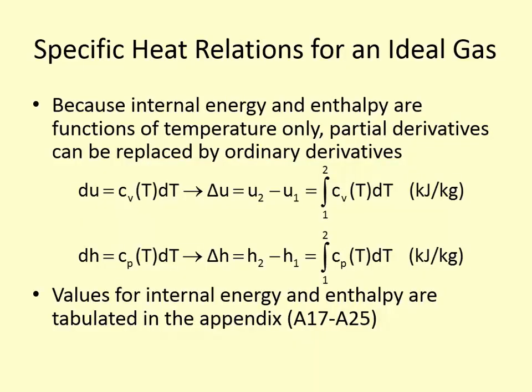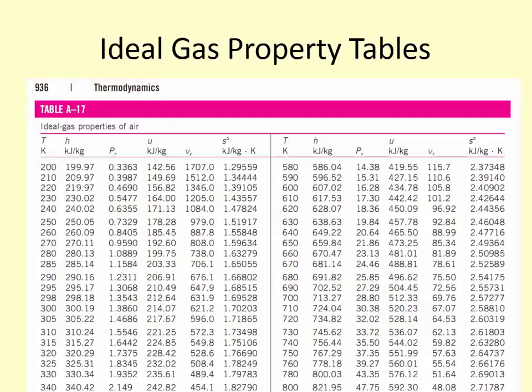If we look at tables A17 through A25 in the appendix, there are tabulated values for ideal gas. So we have property tables for ideal gases, which I don't know if you've noticed before or not, but we can look up the enthalpy and the internal energy simply as a function of temperature. We don't need to worry about the pressure or the specific volume. We just need to know the temperature, and then we can look it up directly from the table.